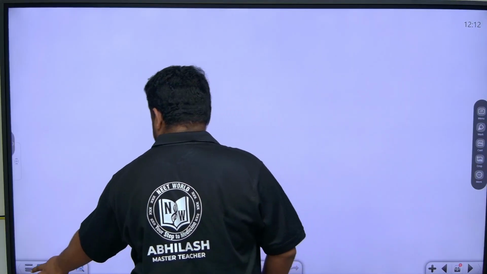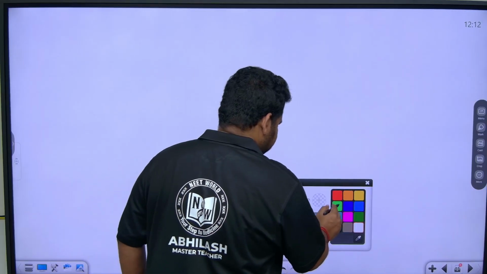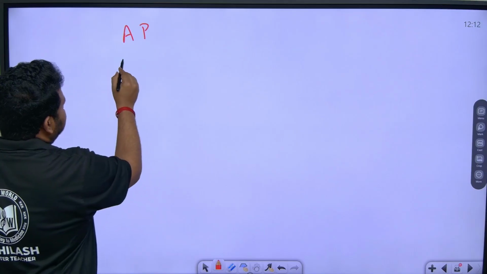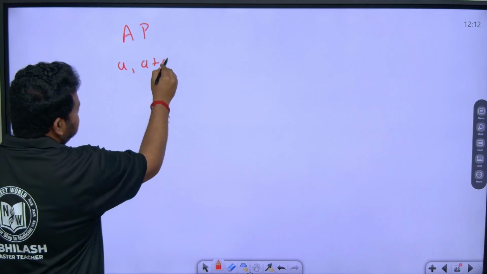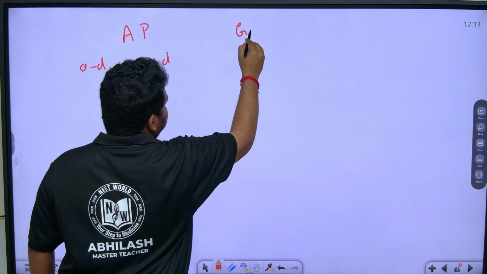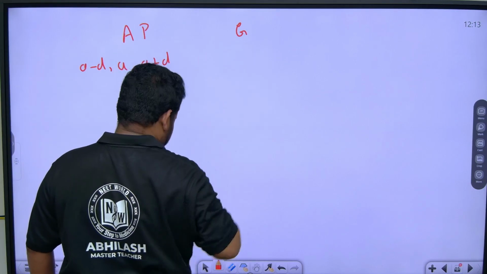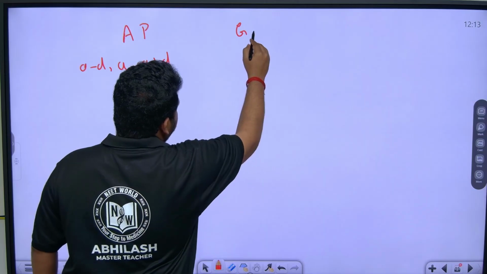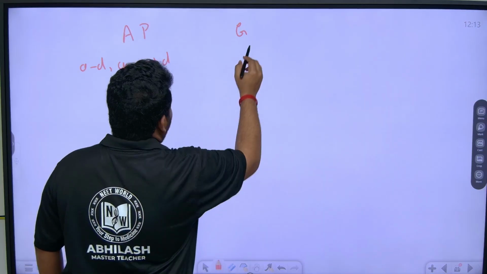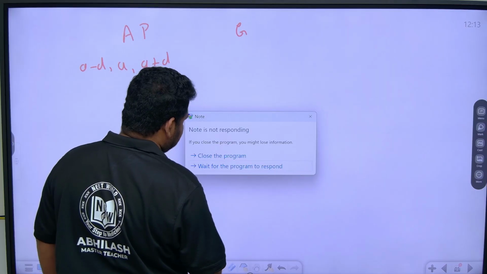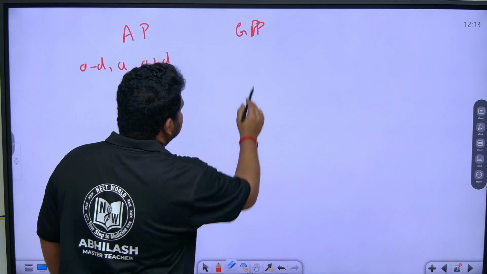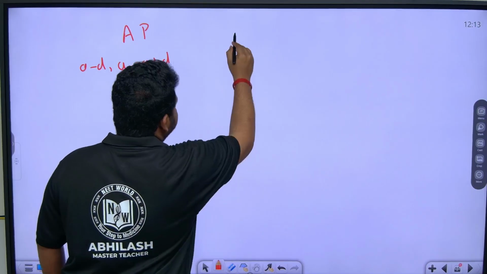So here, what you should understand is, AP means we know that it will be of the form A plus D, A minus D. Now GP means we take it like this.